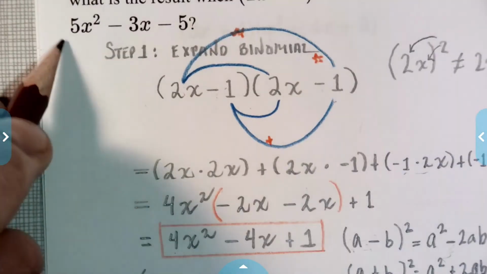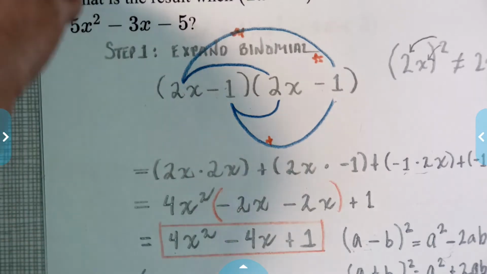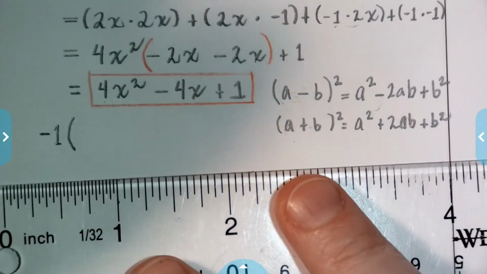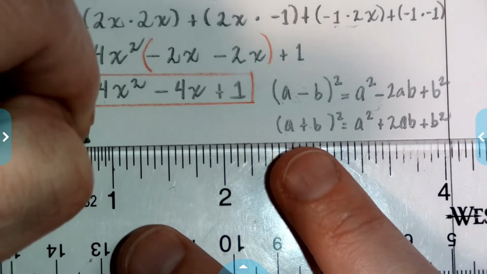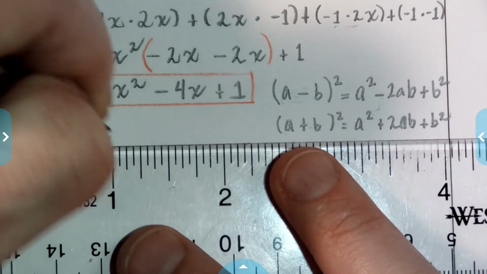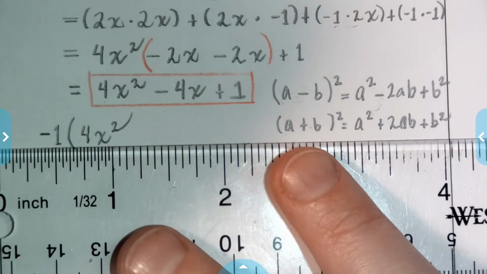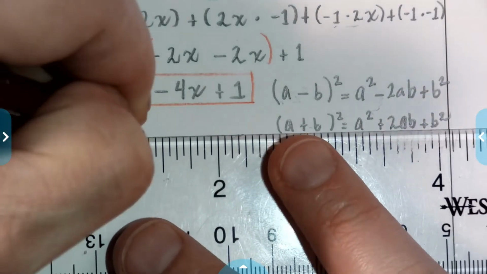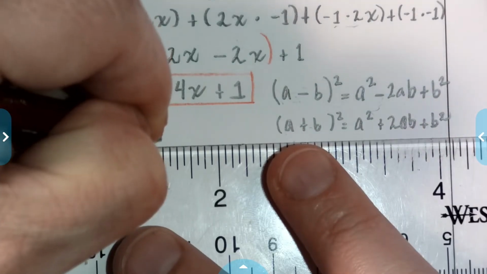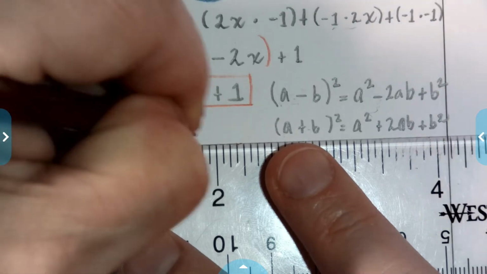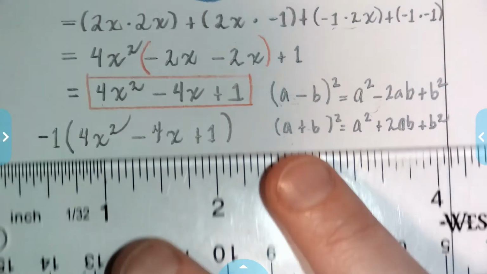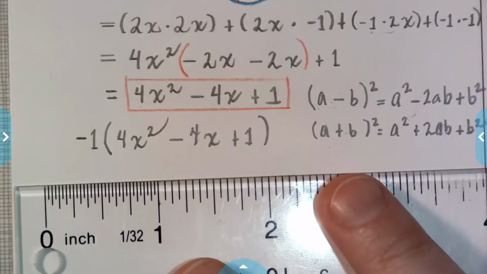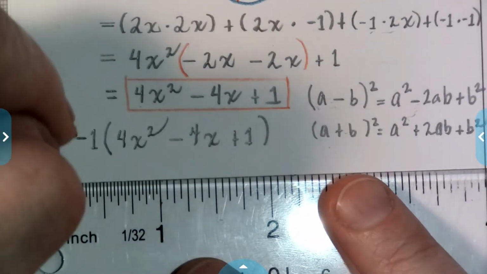We'll be able to add it to 5x squared minus 3x minus 5 and not have to worry about it, because we're going to do the distribution of that negative symbol first. And this is how you turn a subtraction problem into an addition problem. Okay, so again, this is a way of making life easier for you and less prone to error. Isolating the steps, okay?